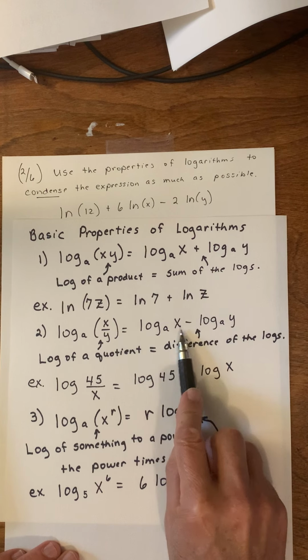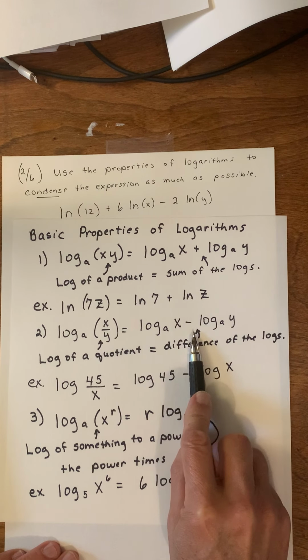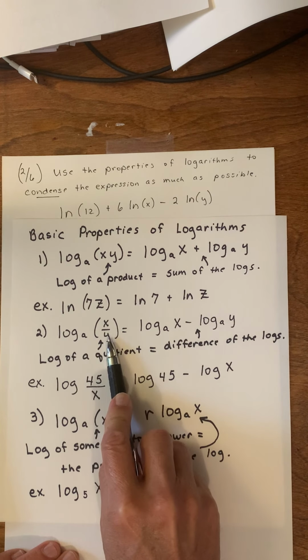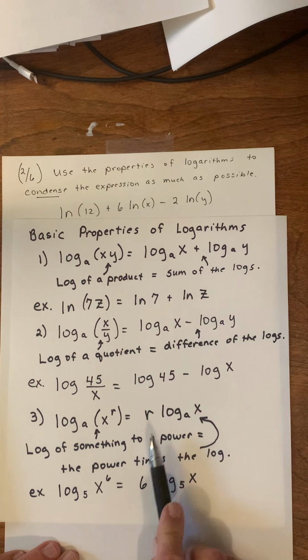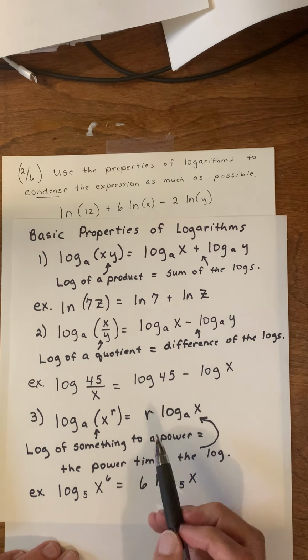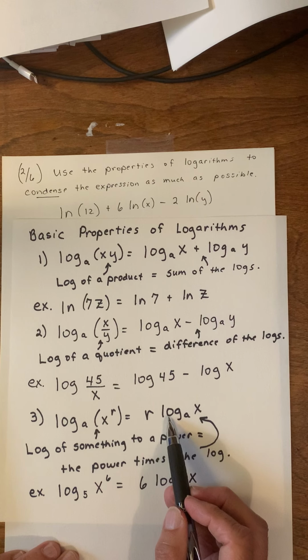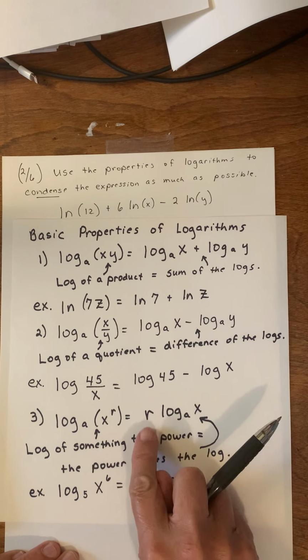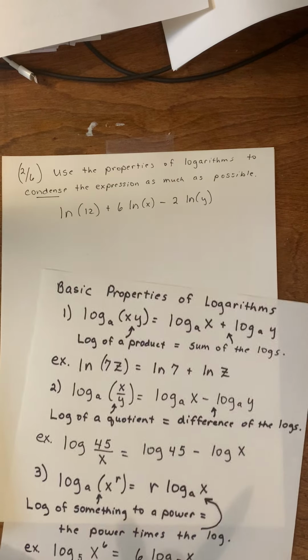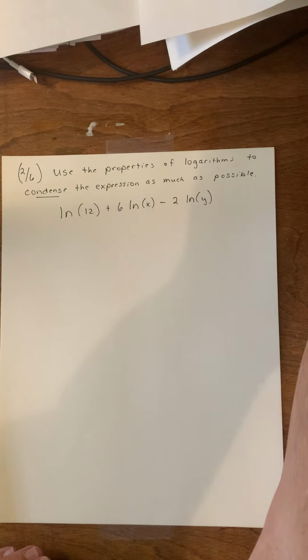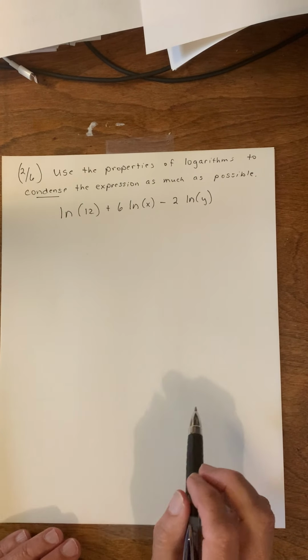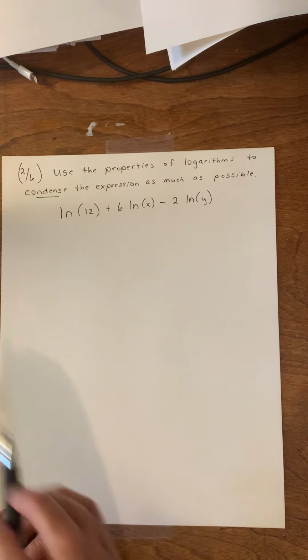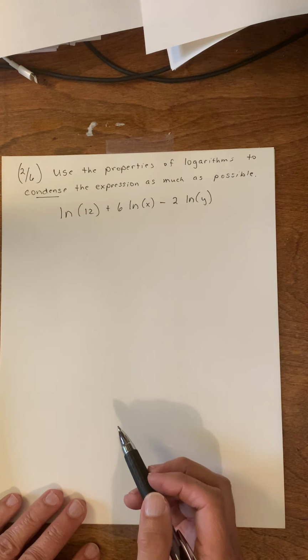We're going to look at the difference of logs and go, hey, that is the log of a quotient. We're going to look at a coefficient in front of a log and go, hey, wait a minute, that's the same as the log of something to that power. So we're going to go in the opposite direction here as we condense this expression.